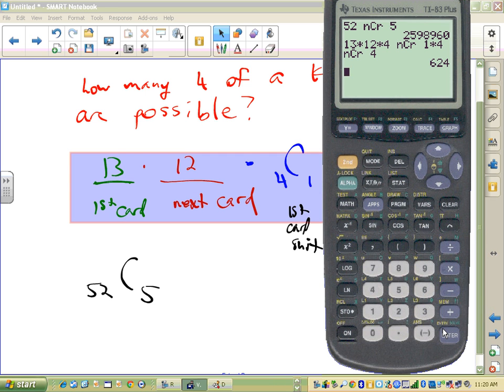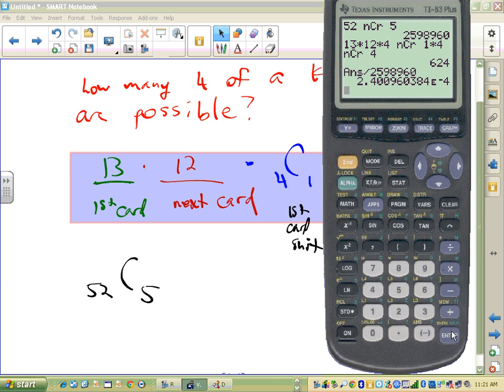The likelihood of getting a 4 of a kind is very slim. It's 624 out of that 2,598,960. That's why that's one of the best hands you could possibly get if you play cards. If you've ever played, you know how difficult it is to get it, because out of almost 2.5 million, over 2.5 million hands, there's only 624 possible 4 of a kind hands.